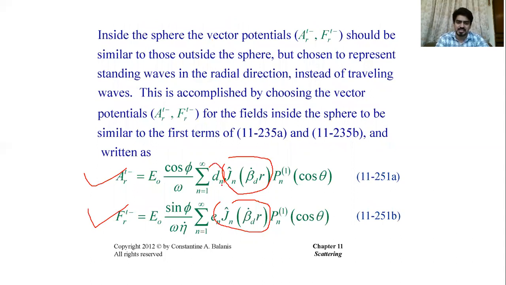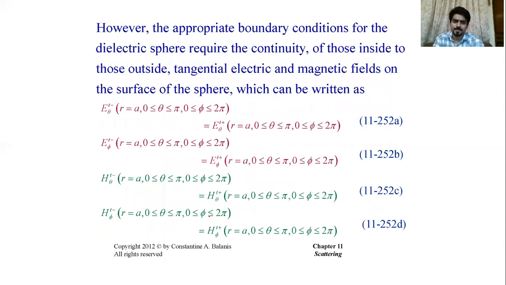These are the four conditions on the tangential components of the E field as well as the H field. E theta T minus is going to be equal to E theta T plus, E phi T minus equal to E phi T plus, H theta T minus equal to H theta T plus, and H phi T minus equal to H phi T plus at r equals a, on the surface of the sphere.